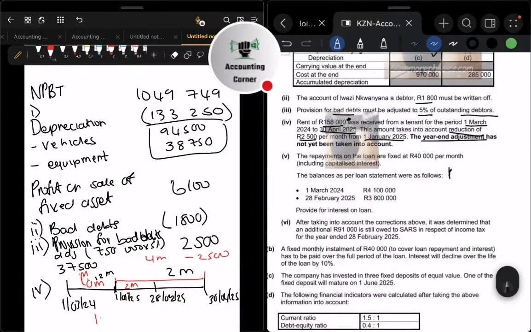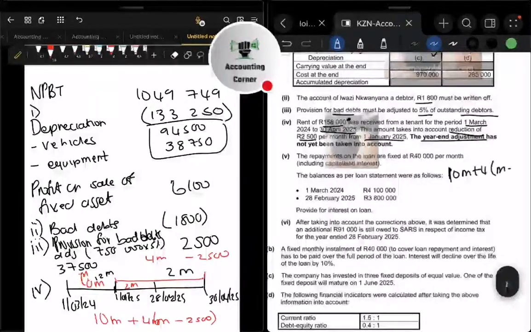So 10 months plus 4 times M minus 2,500. Let me just write it down here. So it's 10 months plus 4 of those are minus 2,500.